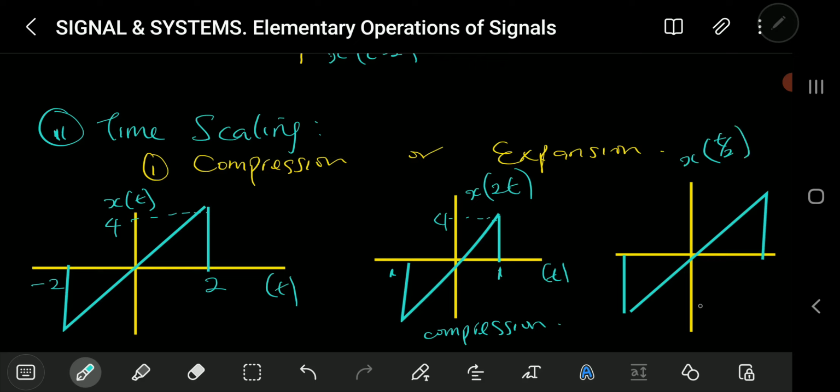So this time around, this is the original signal here. So you multiply by 2, this will be 4, and this will be minus 4. The amplitude will still remain the same. So this is what time scaling looks like. It's basically the compression or the expansion of the signal. So this is more like the representation of what time scaling is all about.